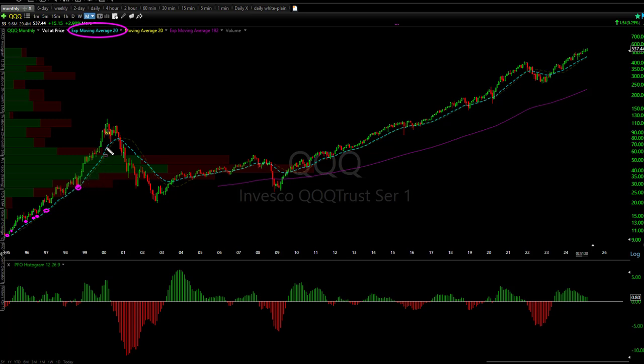Buy pullbacks to it during a bull trend. Keep buying until it's taken out. Once it's taken out, short rallies back to it, or get out of your 401k or stay short the market until it's recovered. And you would have caught virtually all of the best secular bull and bear market moves within there.